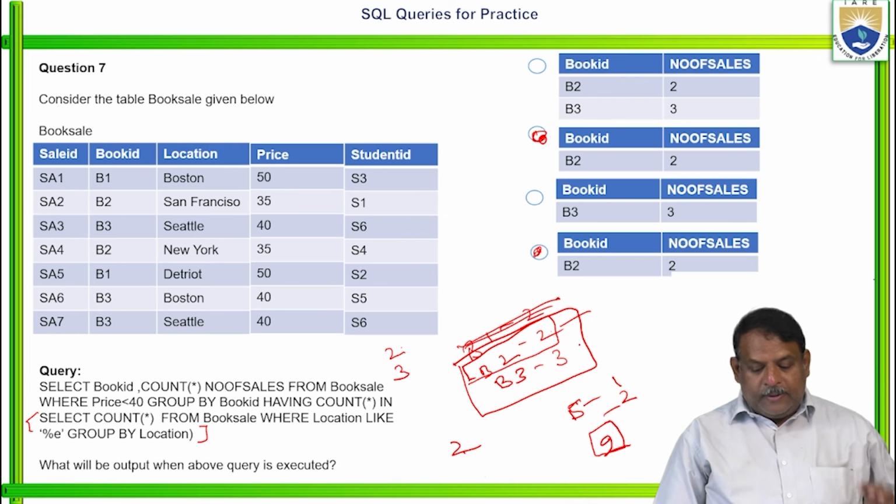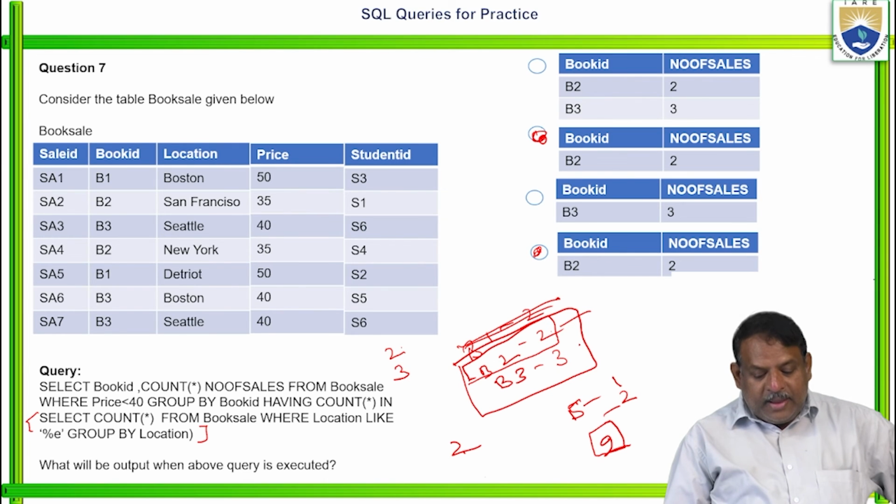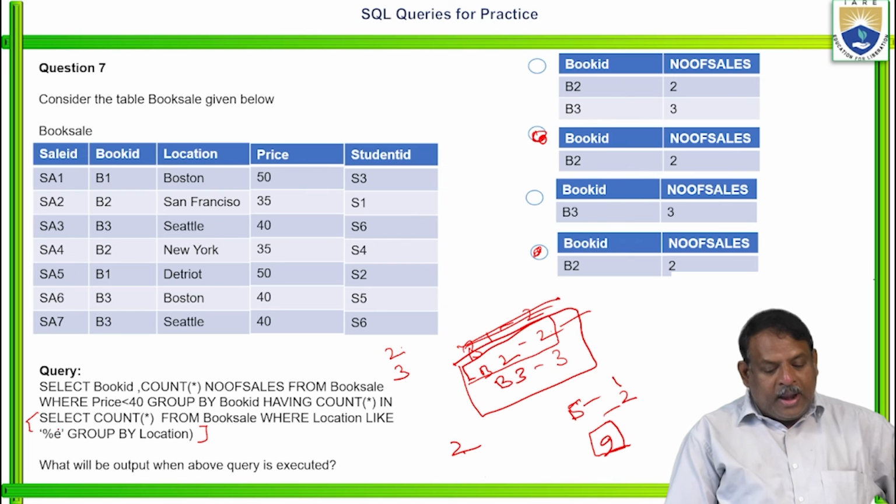Okay, 2 and here we have to apply the having clause. Select count star from sales where location like ending with E. Ending with E, we have one record, two records here. The count is 2.